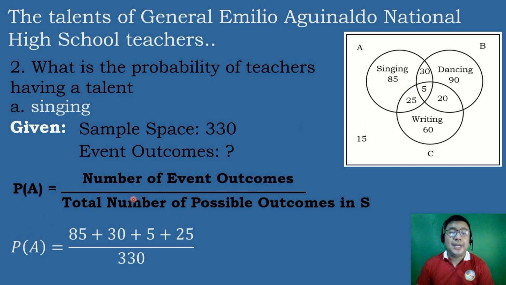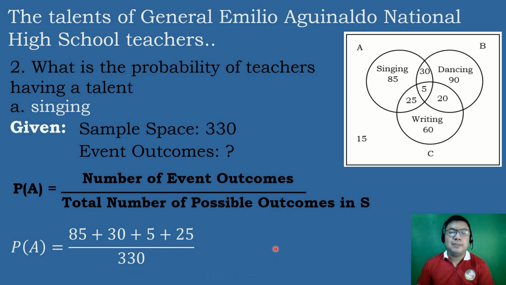So we have 85 plus 30 plus 5 plus 25 all over the total number of possible outcomes in the sample space, which is equal to 330.